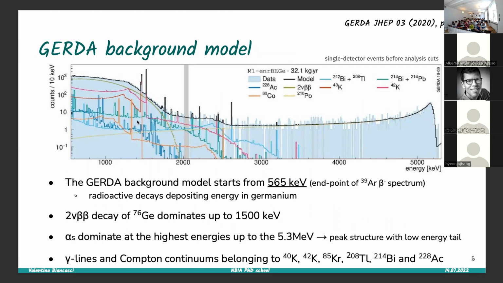At lower energies, the two-neutrino double beta decay is dominating, and at higher energy we have mostly alphas from potassium-42. In the middle we have a lot of peaks and Compton continuum from the material nearby the detectors and also the natural radioactivity.